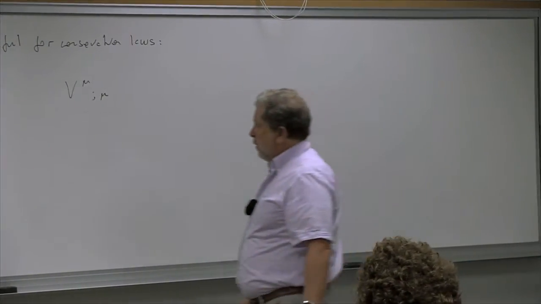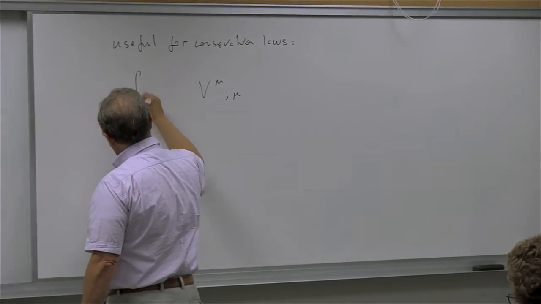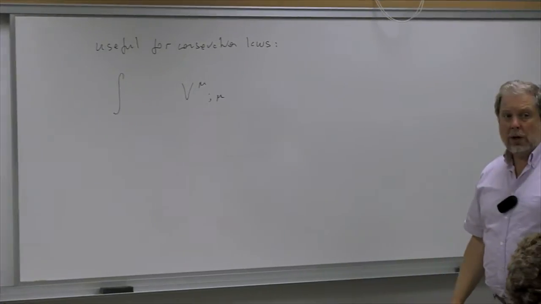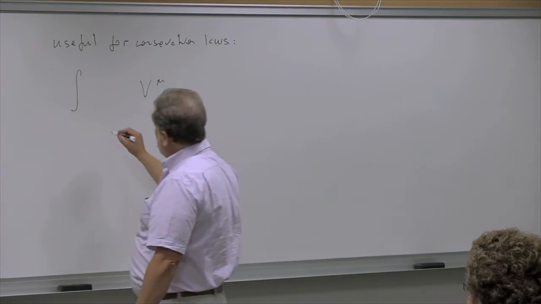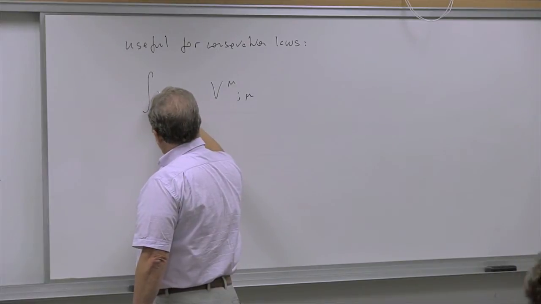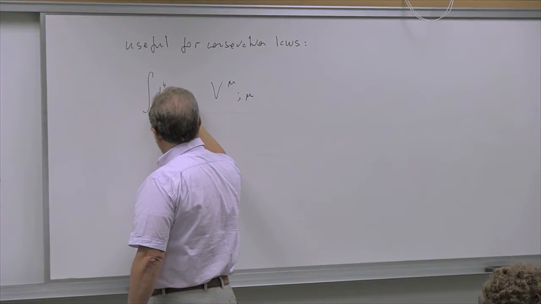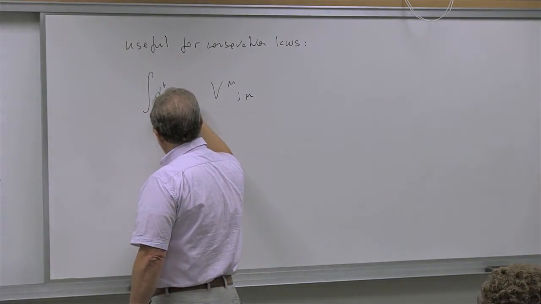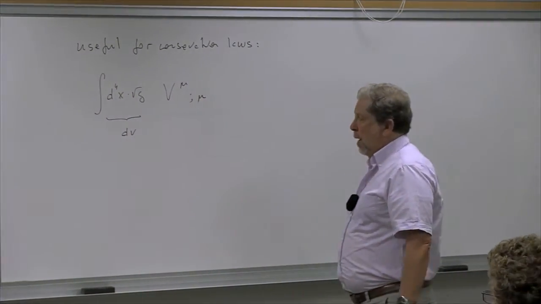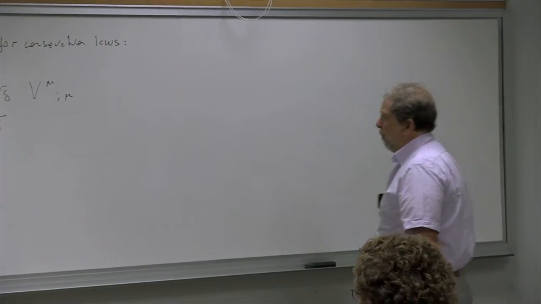and suppose you want to integrate this over all space. Well, integrating over all space means that you integrate it using the volume element, which is dV. But the volume element is actually d4x times the square root of g. Well, the square root of g is the square root of minus the determinant of g mu nu.